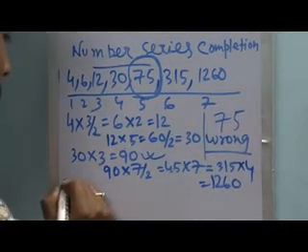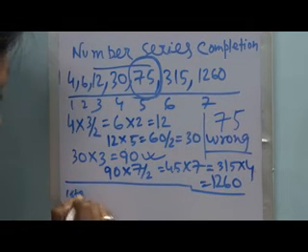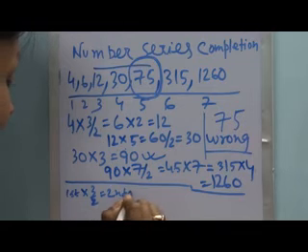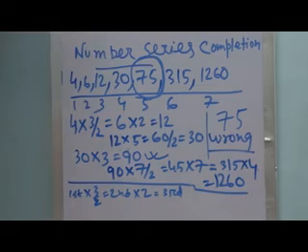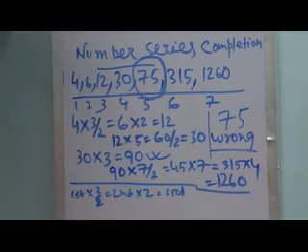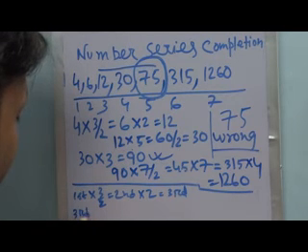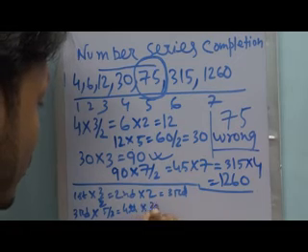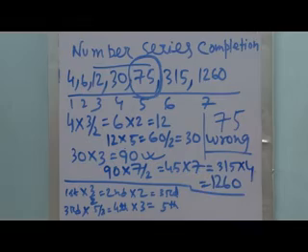So what we actually derive is: the first number into 3 by 2 equals the second, into 2 equals the third. Now, the third into 5 by 2 equals the fourth, into 3 equals the fifth.